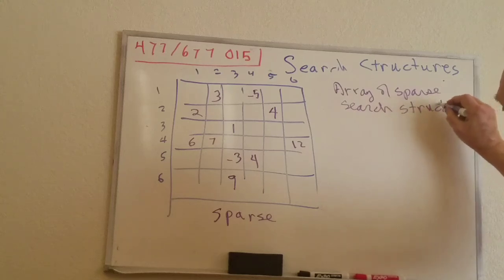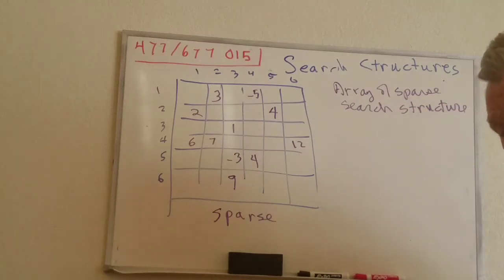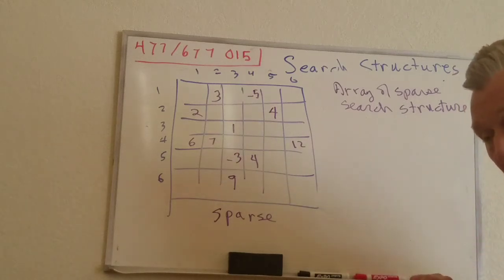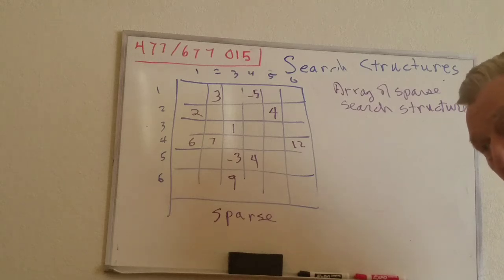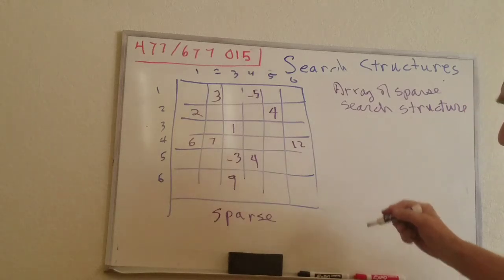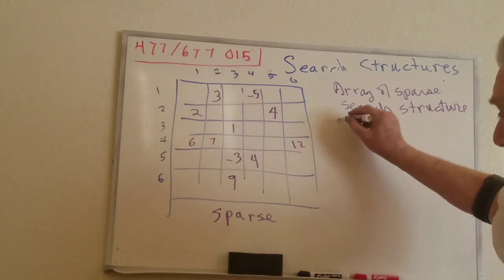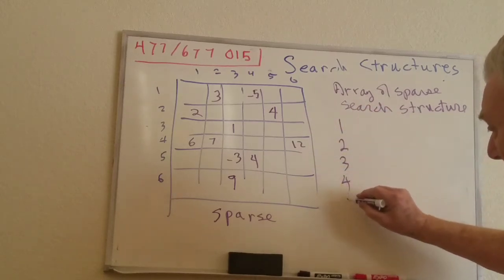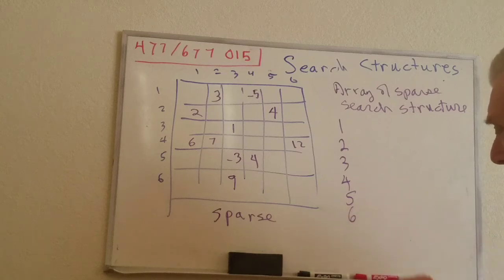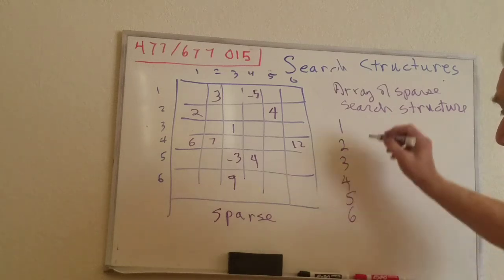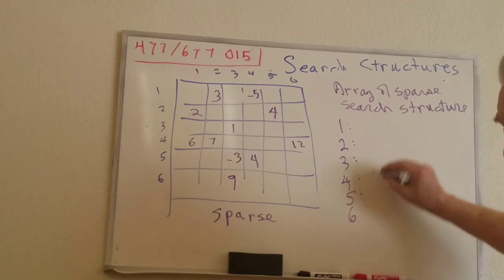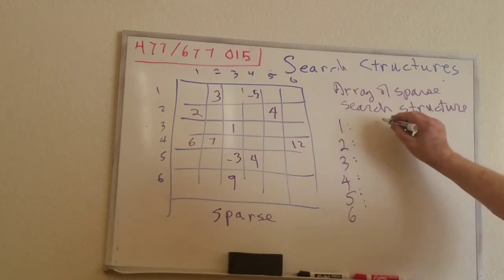Now each sparse search structure could be any one of those search structures, a binary search tree, or perhaps an unordered linked list. So that means that we would have an array here, one object for each row, and then inside that we would have a list perhaps of the items.